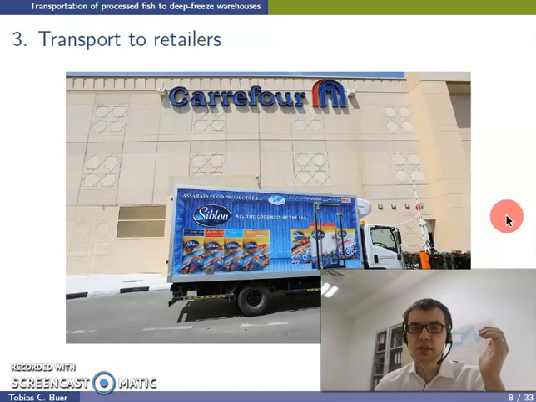From the factory, we need to transport the fish to our markets. Maybe it's possible for retail customers to buy fish at the factory, but this is not the common way of selling the fish. Most of the fish is sold at retailers like Carrefour or Lulu or designated fish markets.